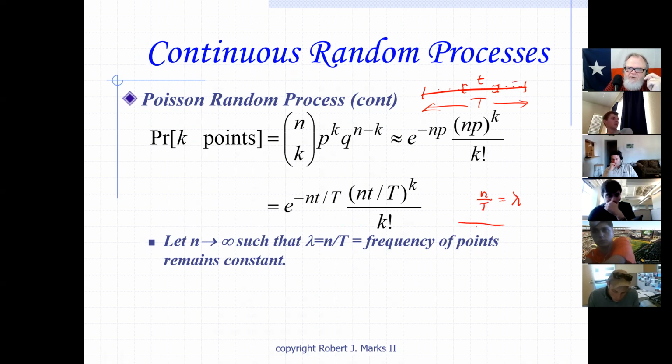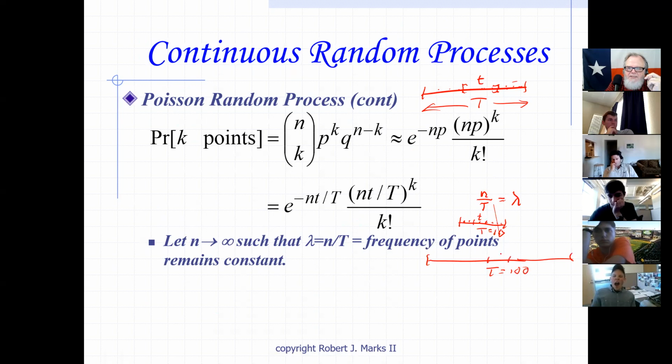So again, here's big T, and here's little t. Say we put 10 points here, so we have 10 over 10. Now we're going to double the value of T, or maybe make it really bigger, say T is equal to 100.